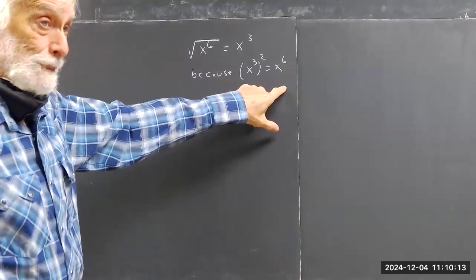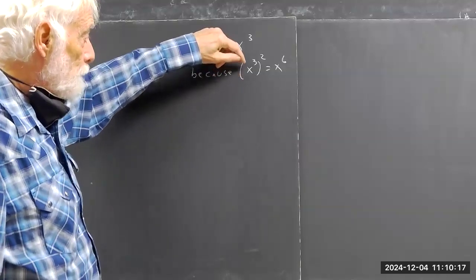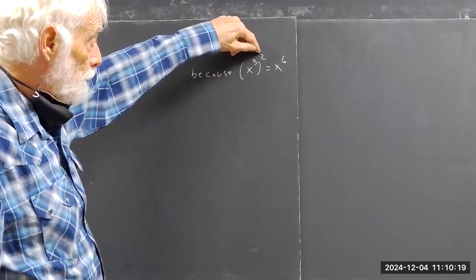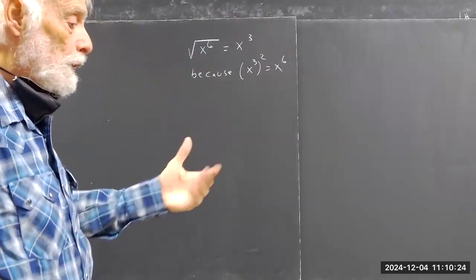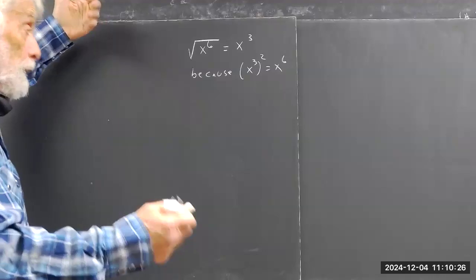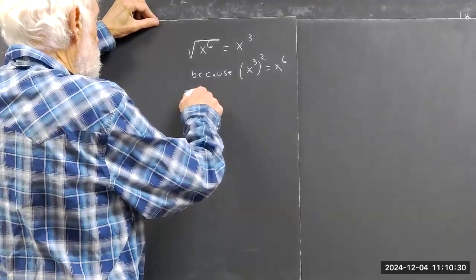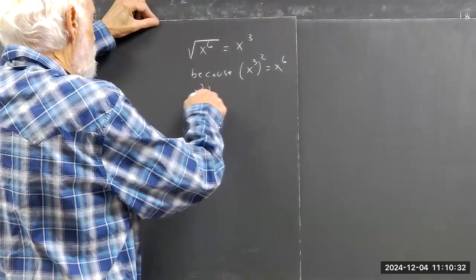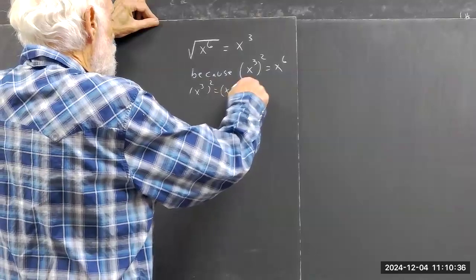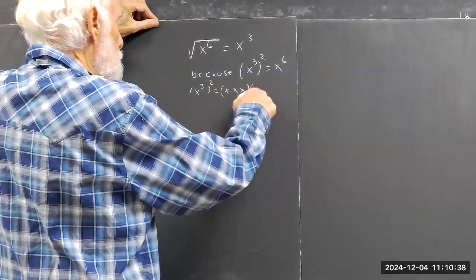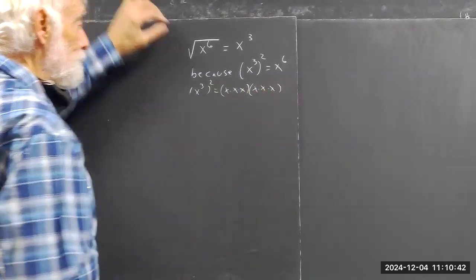X cubed. And of course, by the rules of exponents, that means you multiply this exponent by this to get the sixth. And we also talked about why x cubed squared equals x to the sixth. It's like x cubed squared equals there's x cubed, and there's x cubed.